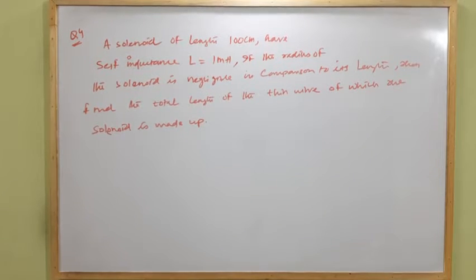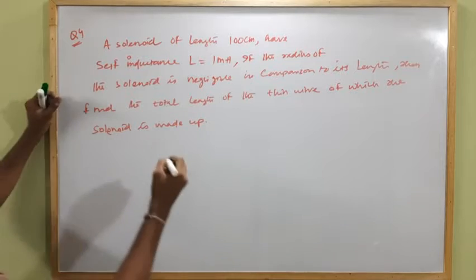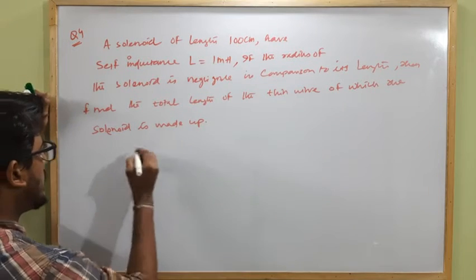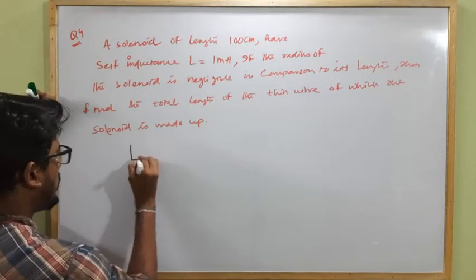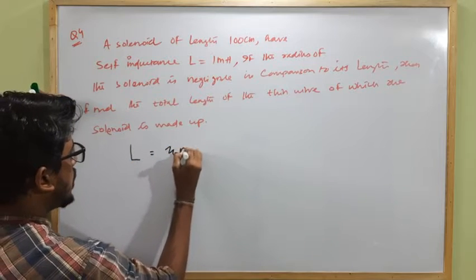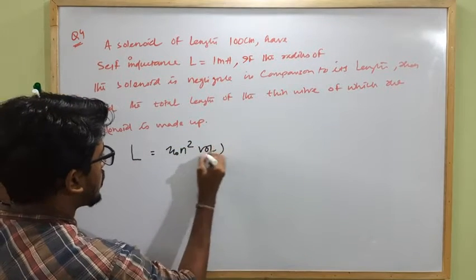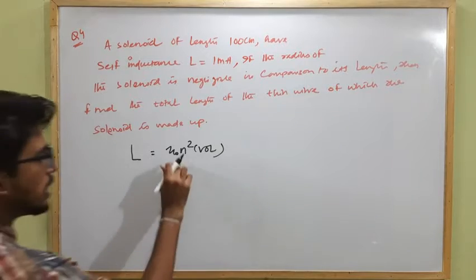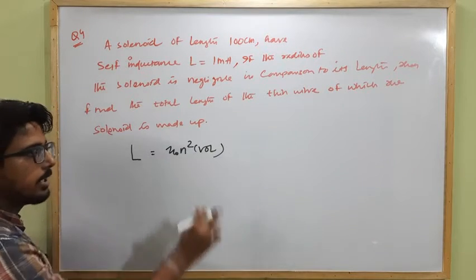So here, how to calculate this? As we know, the self inductance of a solenoid will be how much? L equal to mu naught n square into volume of the solenoid. We already discussed what is n square, number of turns per unit length.